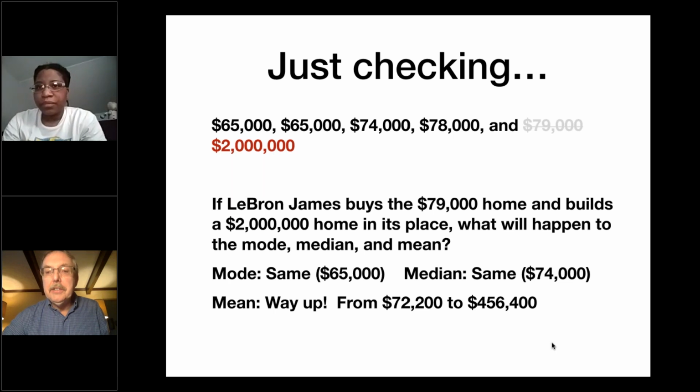So it's almost meaningless, the mean here. But the median stayed the same at 74,000. And that's a little bit more in line with what most of the houses were worth.